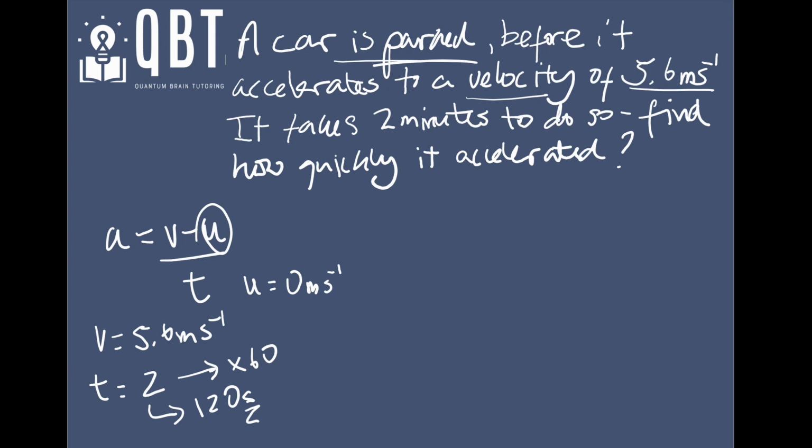So A would equal V, which is 5.6, minus 0, which is U, divided by 120.